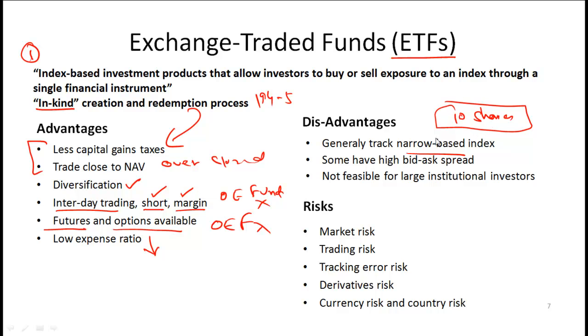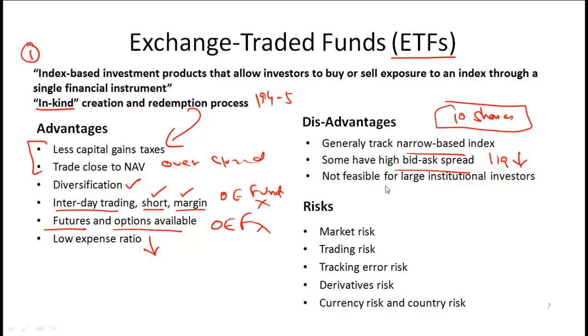Now obviously if the ETF is based on a broad based index, then this disadvantage does not apply. Another possible disadvantage is that the liquidity sometimes of an exchange traded fund is low. If the liquidity of an ETF in a given country is low, that means the bid-ask spread is going to be high.